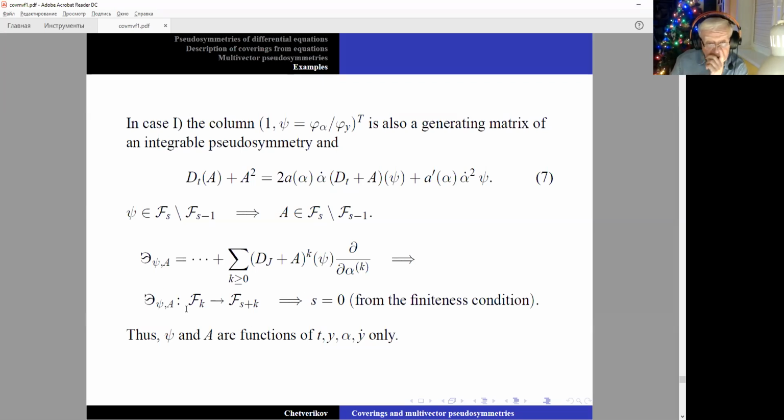that phi psi A maps Fk to F(s plus k). From the finiteness condition, we obtain that S vanishes. Thus, psi and A are functions of t, alpha, and alpha dot only.